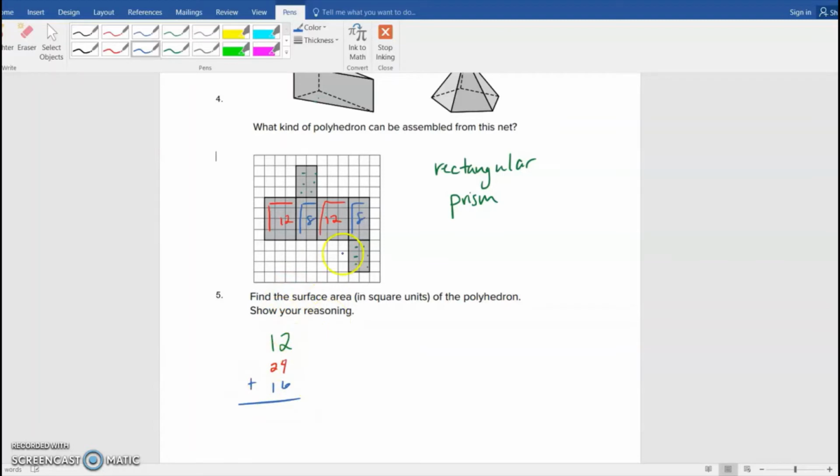So then it's just a matter of adding or summing those 3 together. So 24 and 16 would give me 40, and 40 and 12 would give me 52. Remember, it would be units squared.